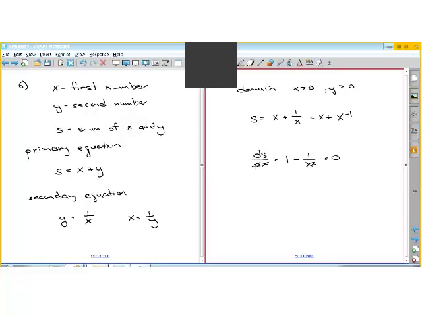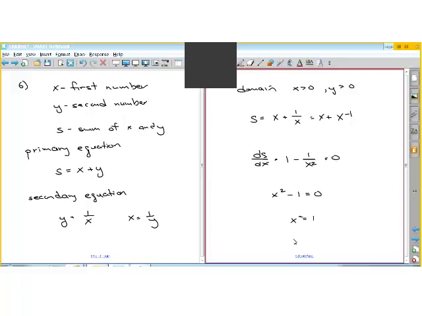Because to minimize or maximize something, you're looking for the critical numbers. If you take this equation and multiply by x squared, you get x squared minus 1 equals 0, because 1 times x squared is x squared, 1 over x squared times x squared is 1, and 0 times x squared is 0.